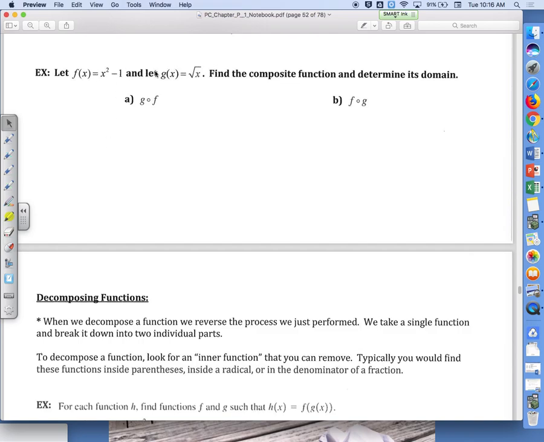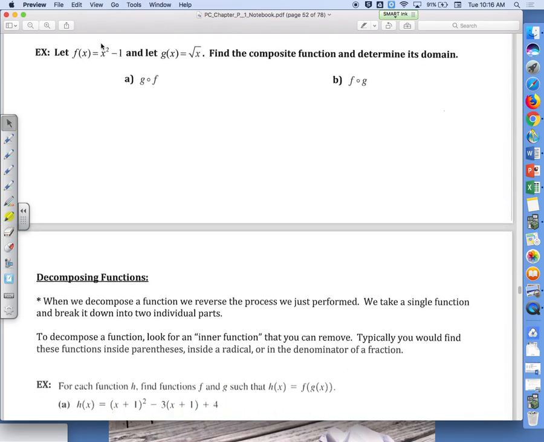But we're going to use these same two functions, but we're going to evaluate them for a couple numbers. So we did this some in the summer packet here. So if you look at this first example, we're going to find, let's do f of g of 9. So what that means is we're going to start with our function g.